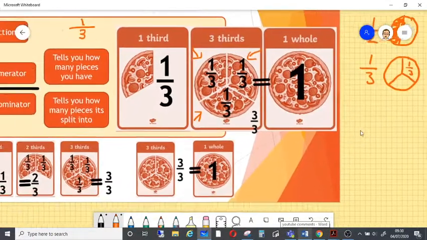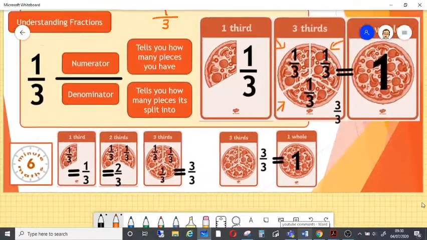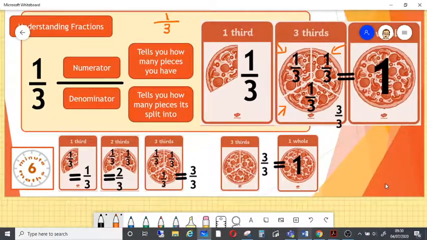Okay, so just going back to the thirds, look along the bottom there, we've got 1/3, so it's a pizza that was cut into 3, and I've only got one left.